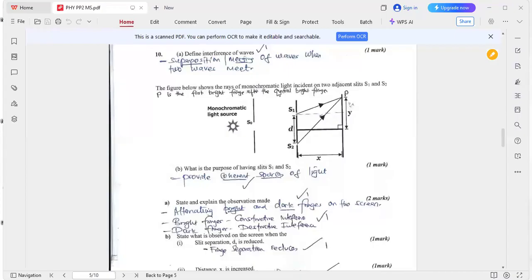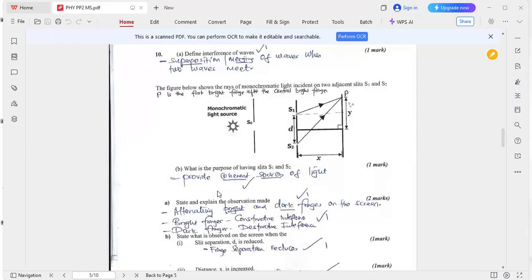Now, when we talk of monochromatic light, it means light of the same color. Monochrome, light of the same color. Usually it has the same wavelength, same frequency, and also speed. Now, what is the purpose of slits S1 and S2?